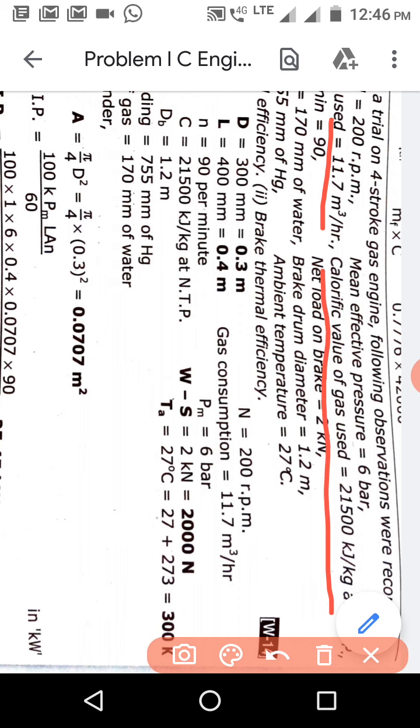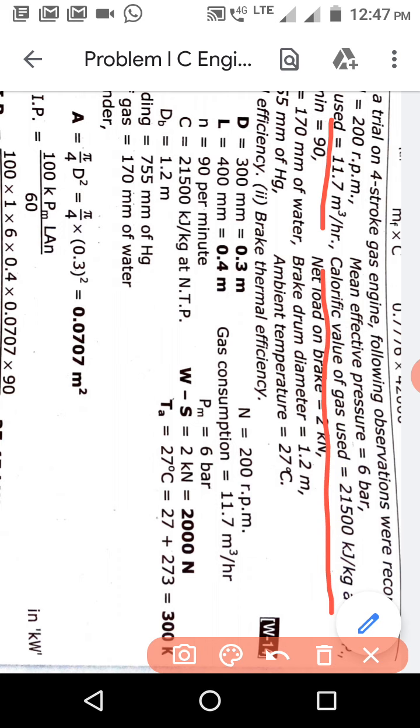So we cannot combine the volume of gas use at real condition and the calorific value of gas given in standard condition. We have to use the same condition for calculating the heat supplied to the engine. If you multiply the volume of gas use at real condition by the calorific value of gas in standard condition, that will be wrong.